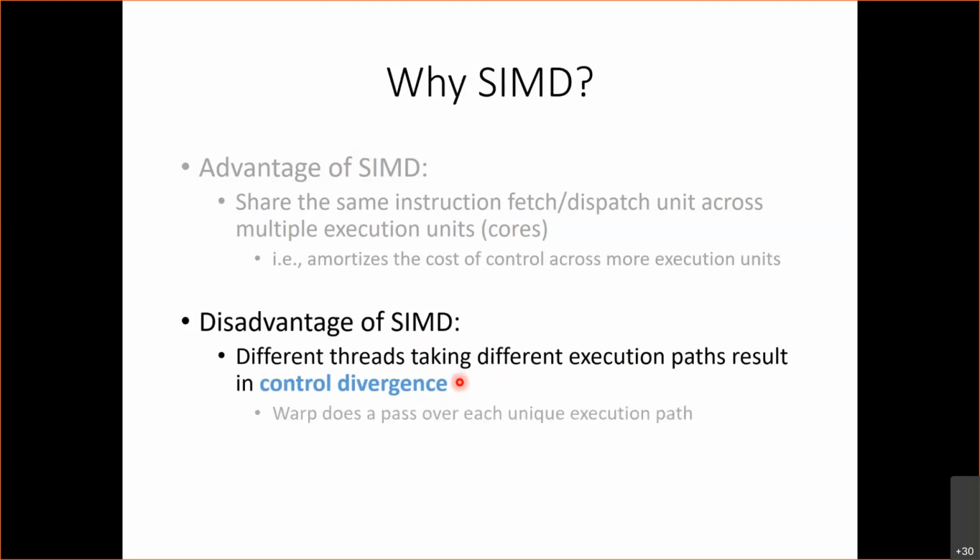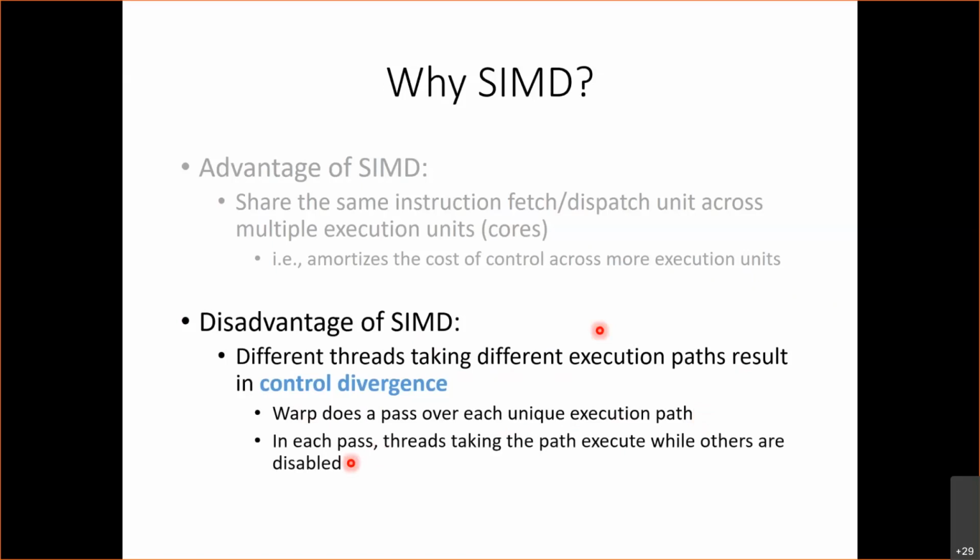And what the warp does in this situation is it has to do a pass over each unique execution path. And when it does these passes, all the instructions have to stay together. What that means is that in each pass, the threads taking the path will execute and the others are disabled.